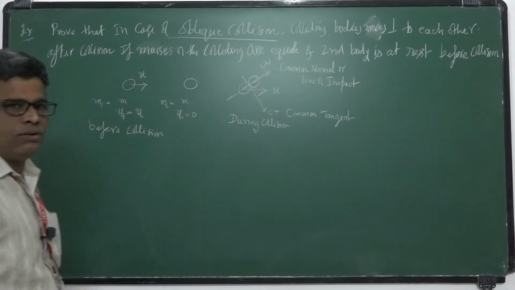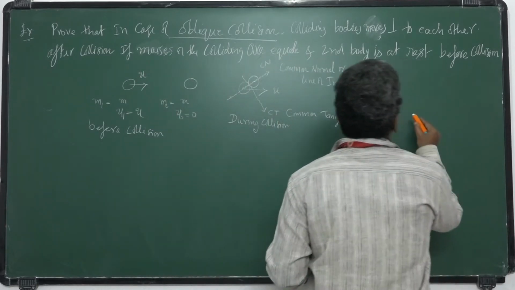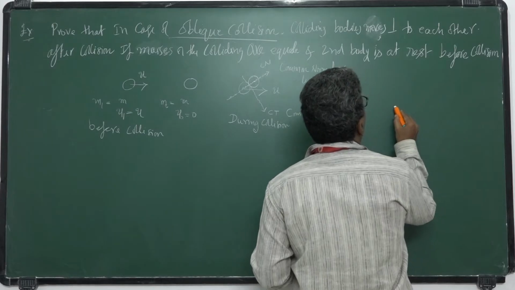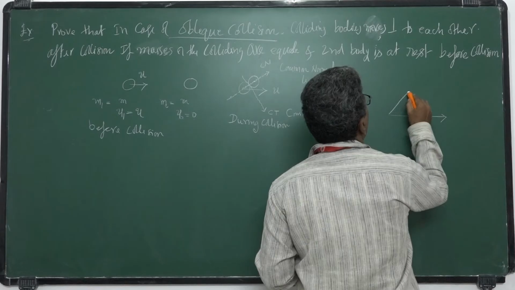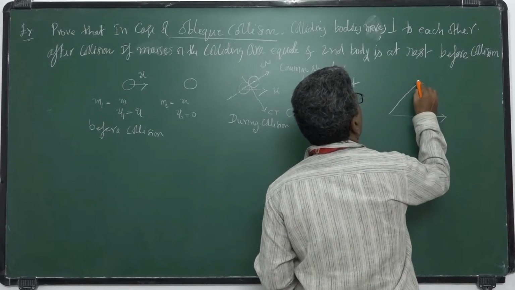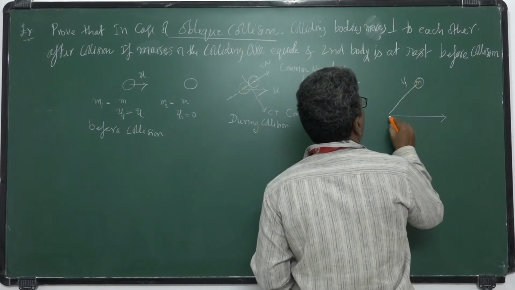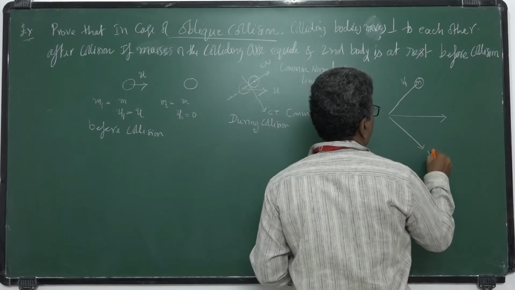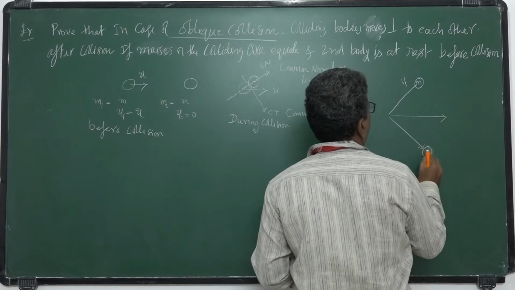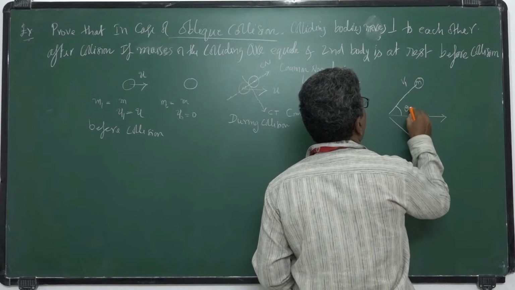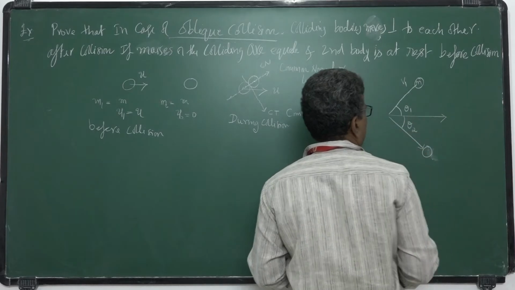So after collision, they will fly off and move with different velocities. Let the first one move with velocity v1, and the second one move with velocity v2, which make angles theta 1 and theta 2 with the initial direction of motion.